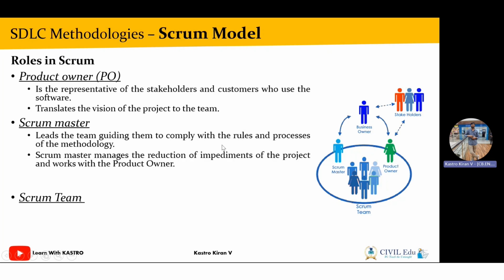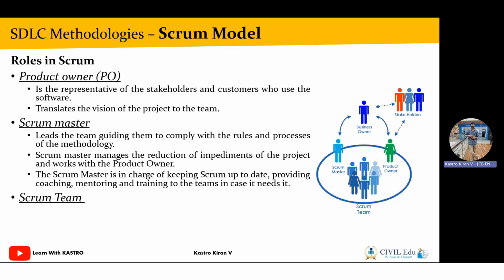And the other role of the Scrum Master is to manage the reduction of impediments of the project. So what does it mean by impediments of the project? Any backlogs that are available or any problems that are being faced. So the Scrum Master will identify the problems during the development of the project. And the Scrum Master directly works with the product owner.